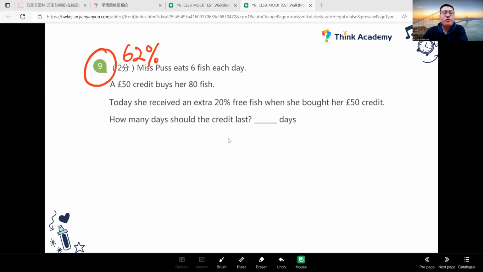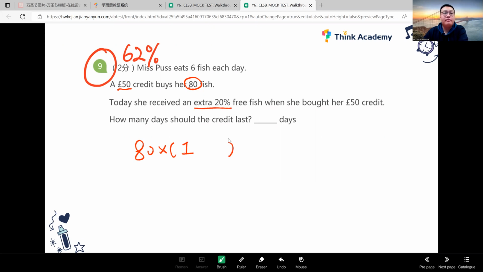Okay, guys, you see, on a normal day, if you use 50 pounds credit, you're going to get 80 fish. But today, she got an extra 20%. So can anyone tell me how many fish Miss Puss gets? 80 times what? You get extra.